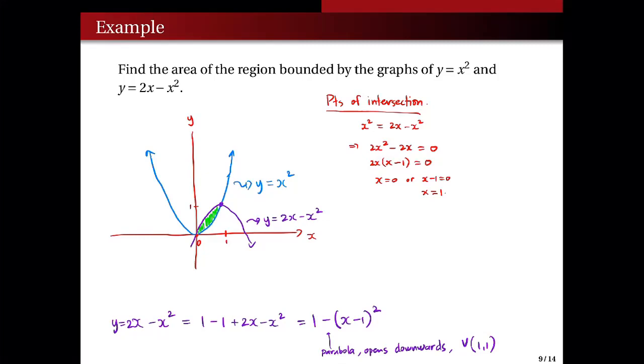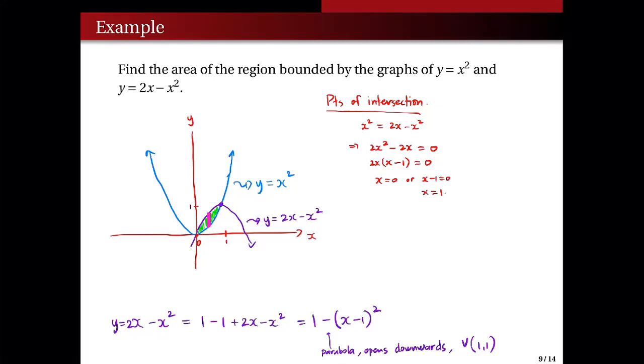So let's draw this vertical strip. It will move going up and going down.